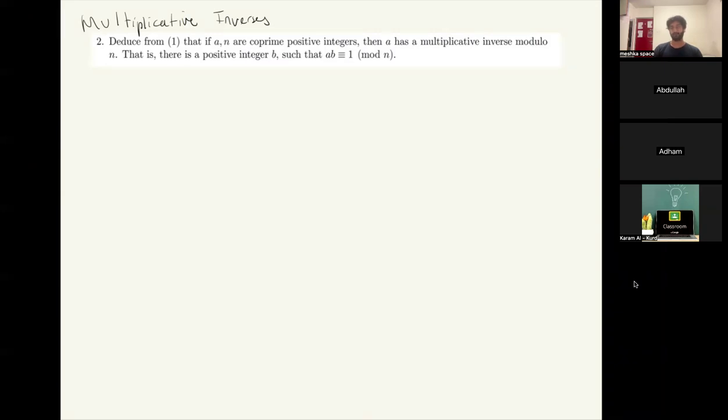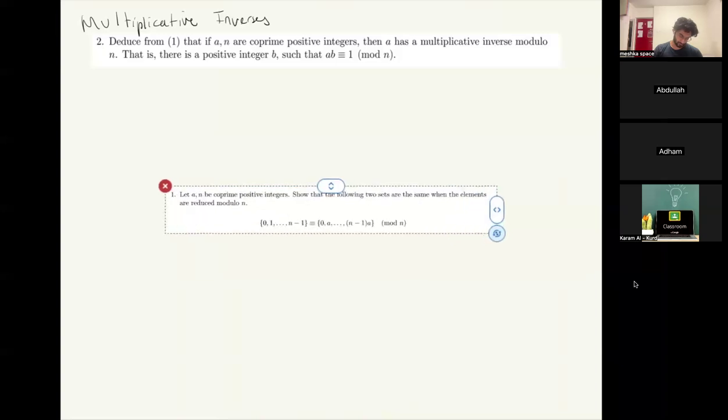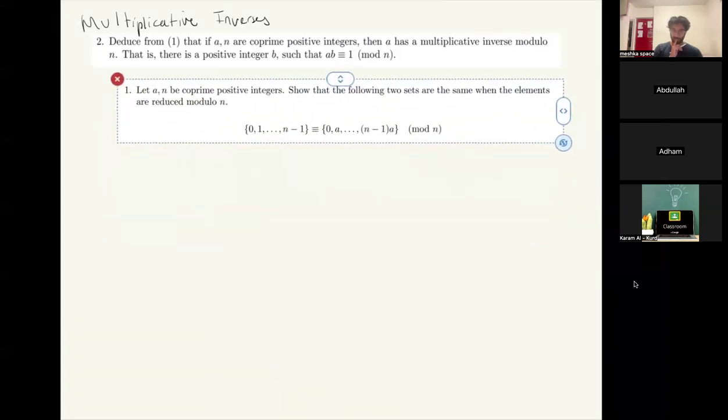So how do we deduce the existence of a multiplicative inverse from the lemma? Since both sets are equivalent, there exists a number between 0 and n minus 1 such that multiplied by a, it's 1 modulo n. Exactly.